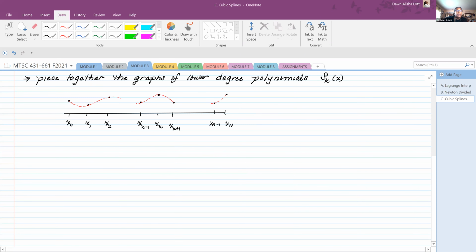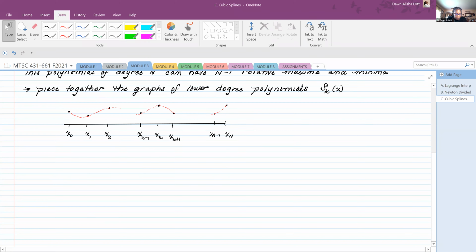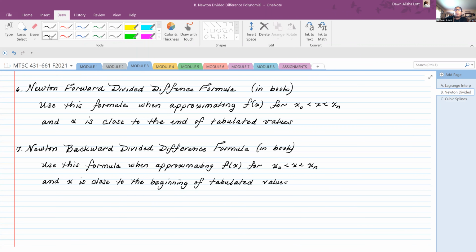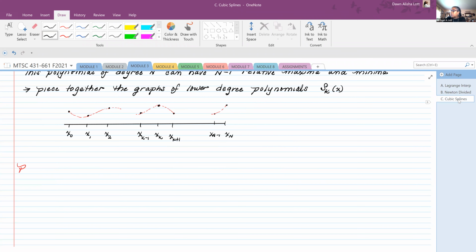Okay, so let's look at piecewise linear interpolation. We already know how that works, but I'm going to do that. Oh, I didn't mean for that to be red. Come on, back to cubic splines.